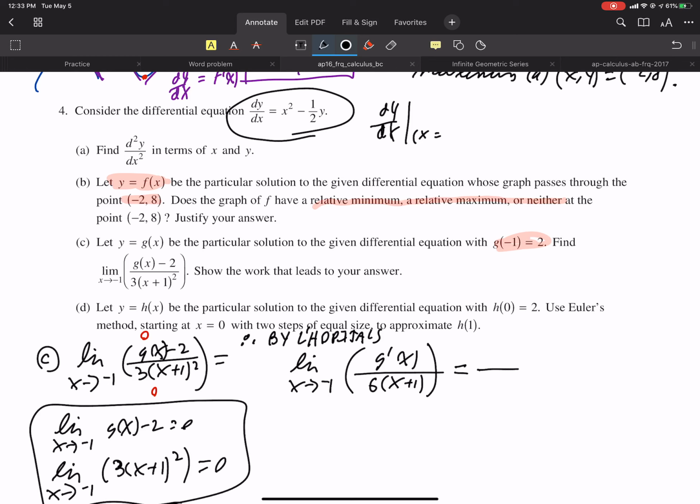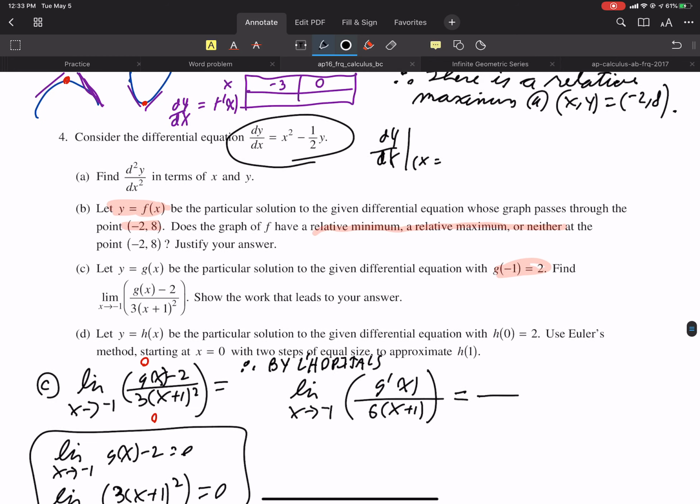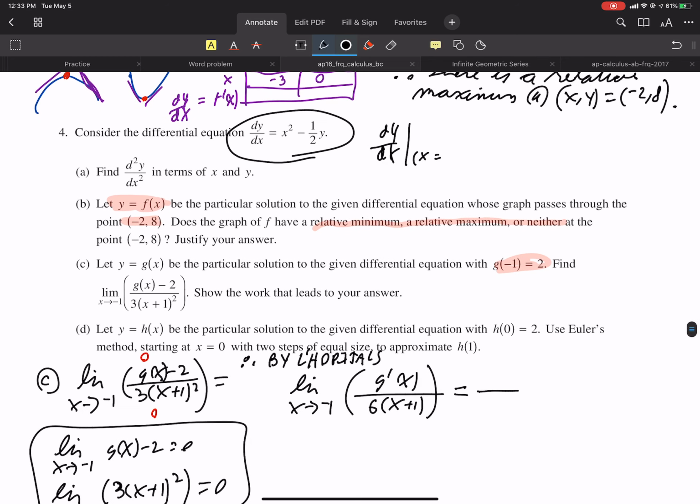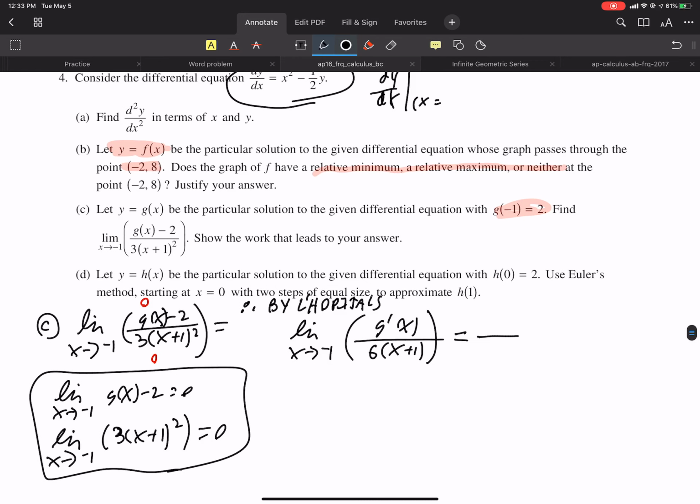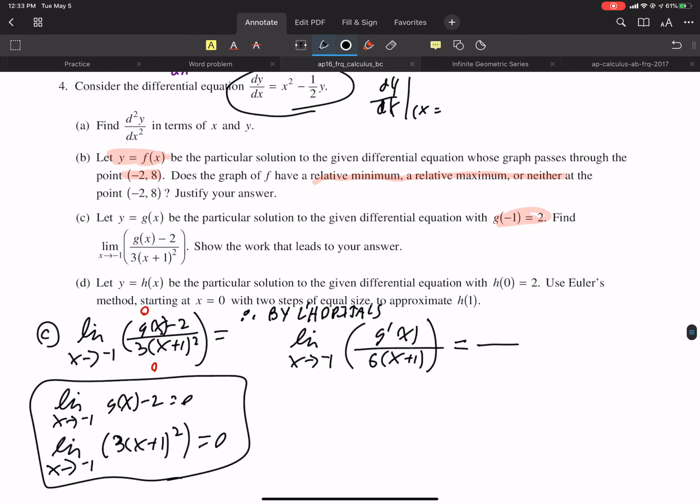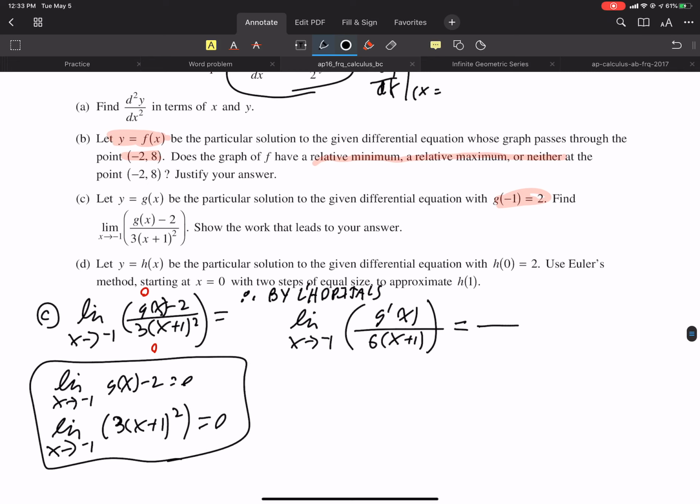That's H. G is a particular solution. G of -1 is 2. Oh, okay. We're going to have L'Hopital's again. So the limit as x approaches -1 of g prime of x is 0.